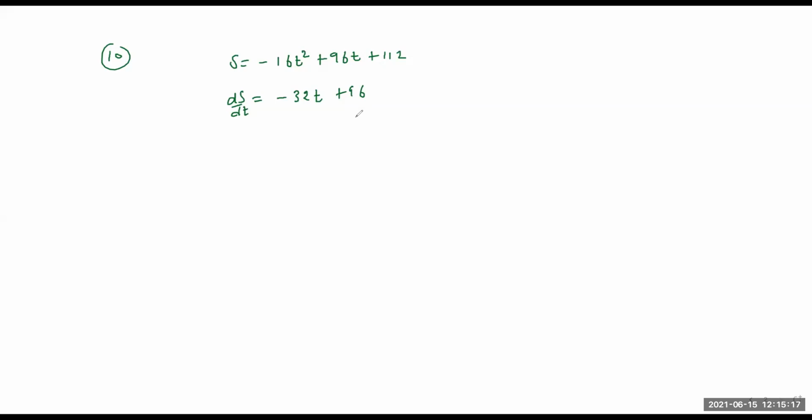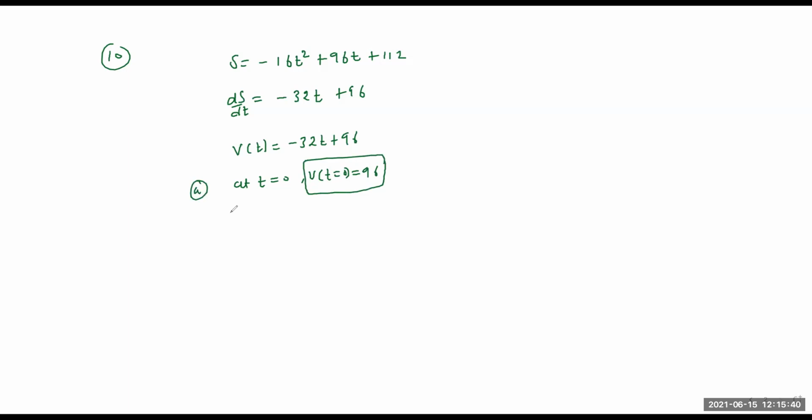So the first question is to find the velocity at t equals 0. So v as a function of t is this much. At t equals 0, the velocity becomes just 96. This is the answer to the A part.